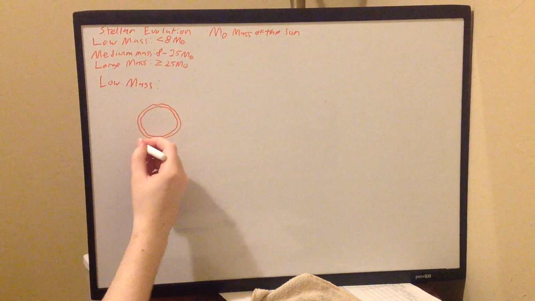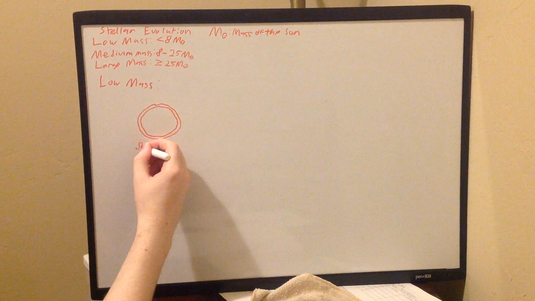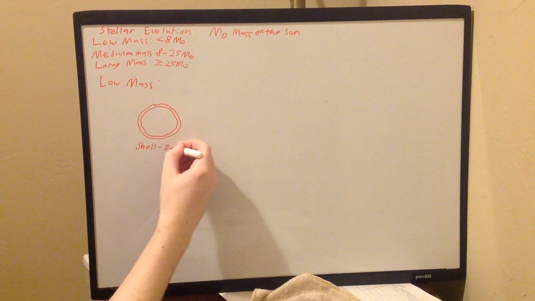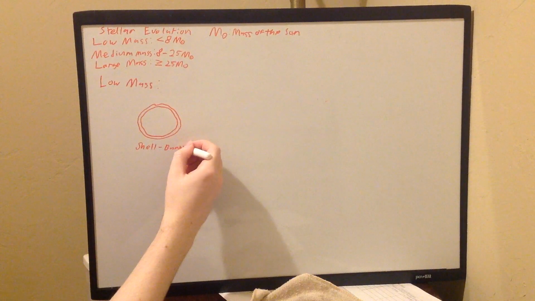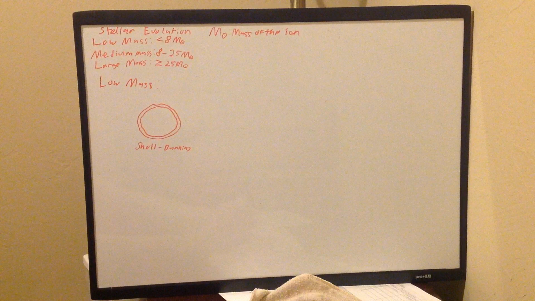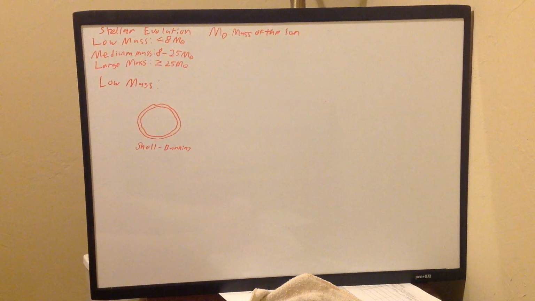This is the beginning of a process called shell burning. Now, when a star begins shell burning, it becomes a giant, usually a red giant. Certainly a red giant in the case of low-mass stars. Sometimes it's a blue giant when we get to large-mass stars, but I'm getting a little ahead of myself there.